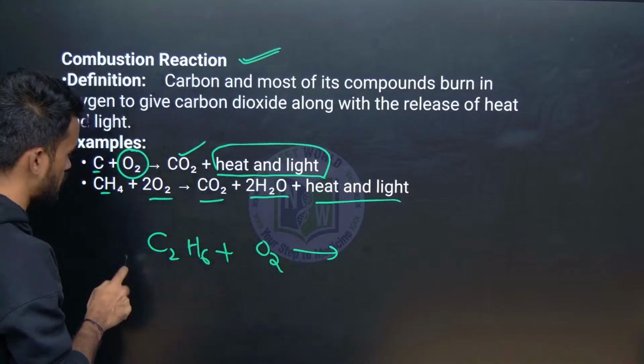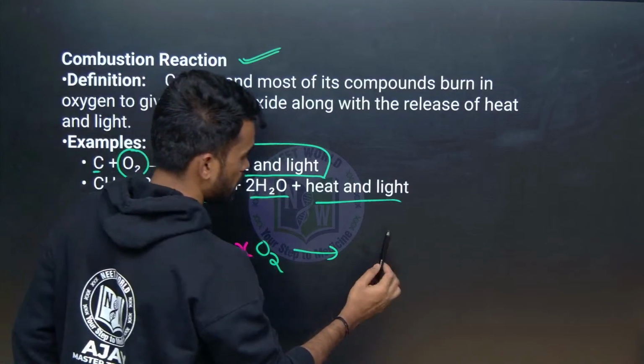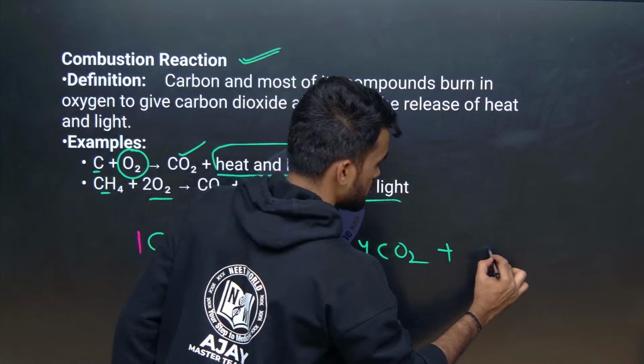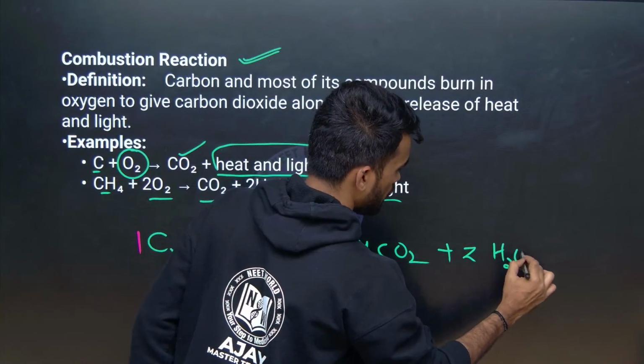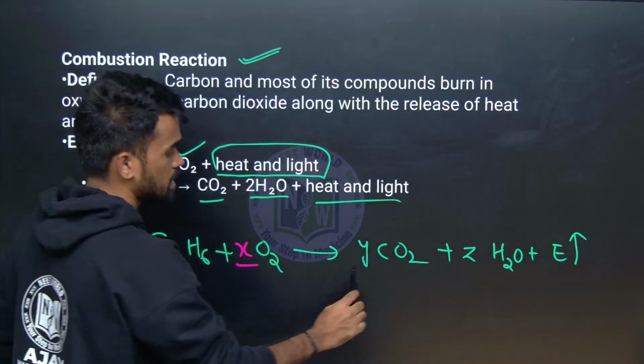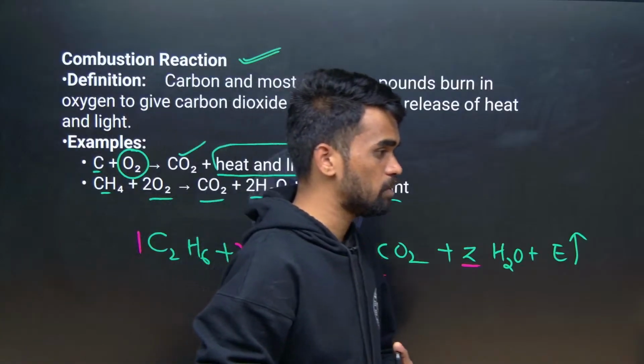What are the stoichiometries? Here I am writing 1, here I am writing x, and here CO2, y moles of CO2 evolved, and z moles of H2O is formed, and energy is also released. So what are x, y, z? After balancing the equation, just write in the comment box, I will be looking into it.